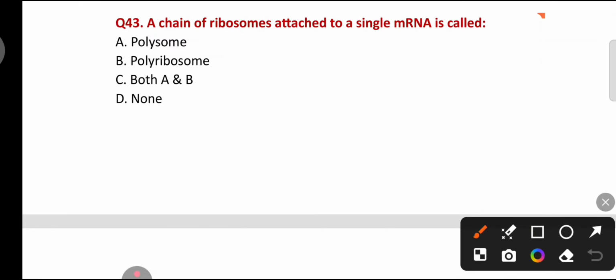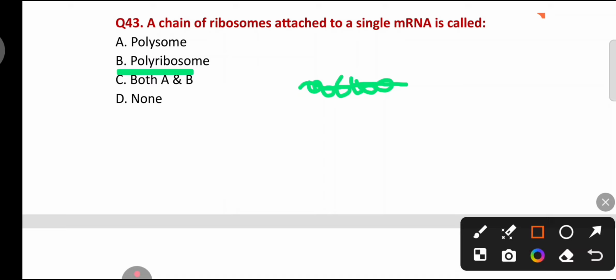A chain of ribosomes attached to a single mRNA is called polysome, polyribosome, both A and B, none. A chain of ribosomes attached to a single mRNA is called polysome and polyribosome.